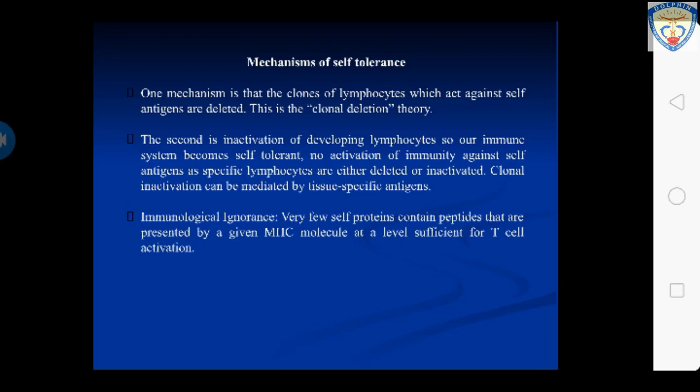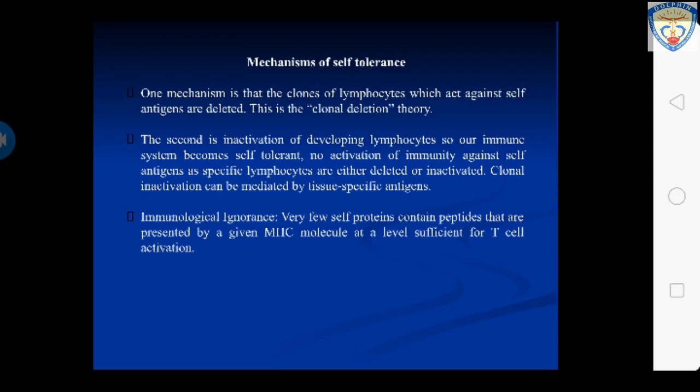Here, if by any chance any lymphocyte reaches for maturation or for activation to the specified organs, there also first it is checked whether it can destroy any of the self antigens. If it is found so, it is not allowed to get activated or differentiated further.